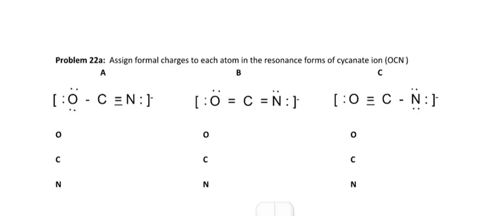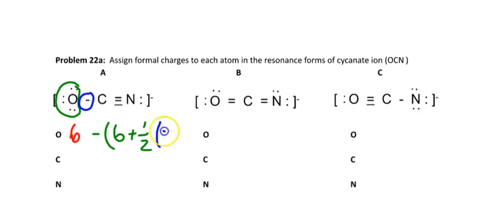So here's oxygen. Oxygen has a valence of 6. Hopefully you have your periodic table, so you knew that. All right, and then what? How many lone pairs are on oxygen? I see 6 of them. Okay, how many bonds are there? Oops, I should be doing this in blue here. Here we go. Those are my only bonded electrons. There's 2 of them there. All right, so a half of 2 is 1, 6 plus 1 is 7, 6 minus 7 is negative 1.